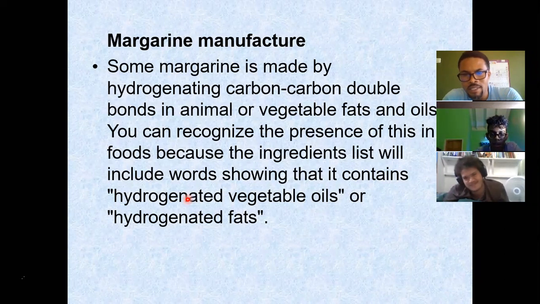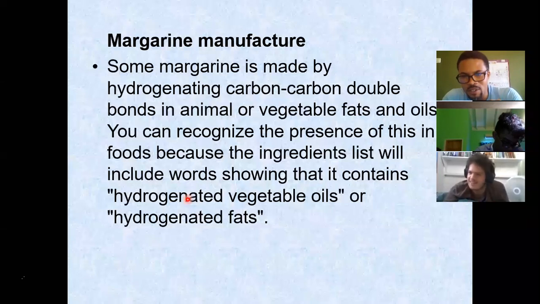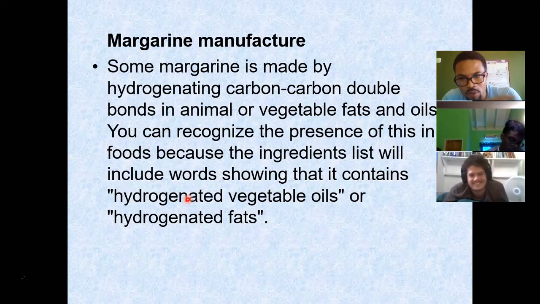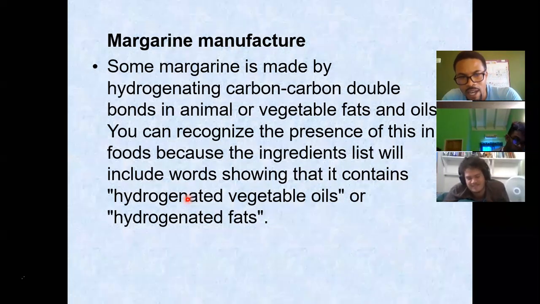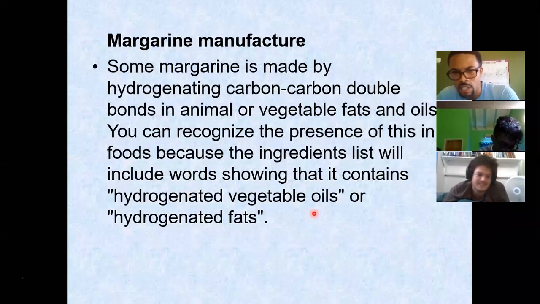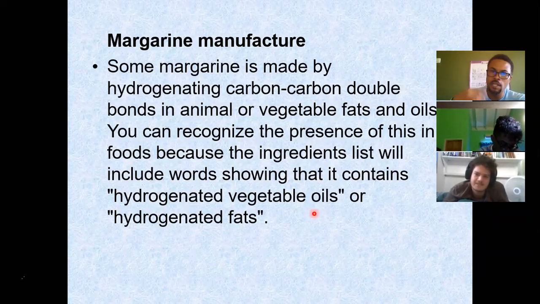They wouldn't say unsaturated, because it's not unsaturated anymore. There is no double bond. It's saturated now. But they're going to tell you it's vegetable oil. They wouldn't say anything about being saturated or unsaturated. So they'll say vegetable oil, but when you read in the ingredients, you're going to see hydrogenated vegetable oil, or hydrogenated fats. So that's something very important.